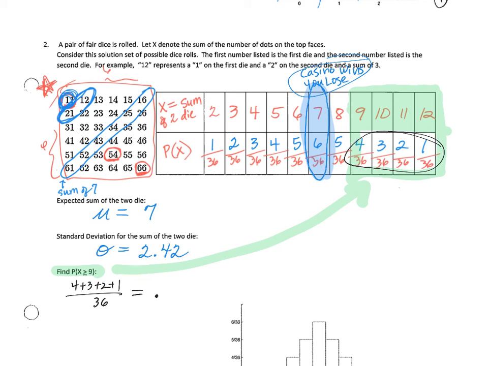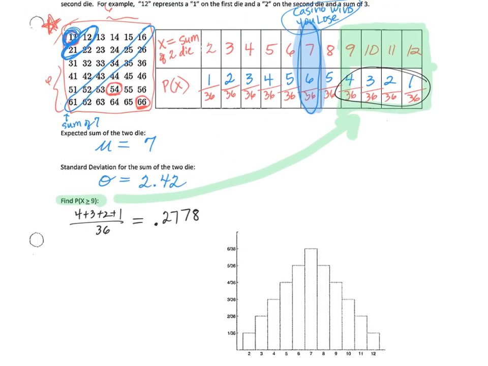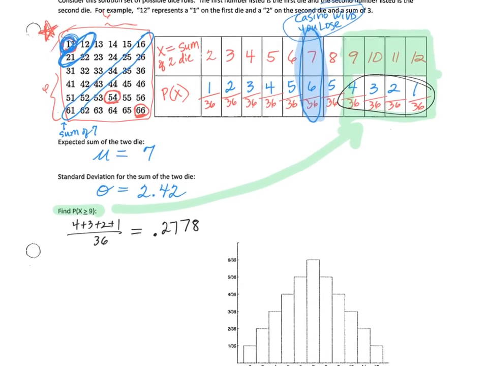And I think that's 0.27 something. I need somebody to do that for me. That's 10 out of 36. What is that? It's 0.2777. Okay, perfect. So that's one method that you can do this, the discrete, actually binomial method.